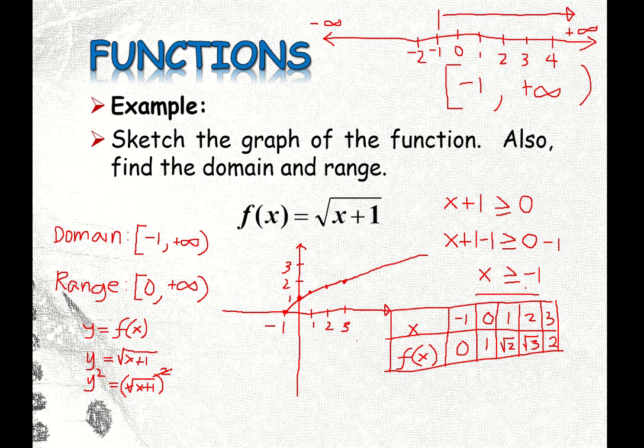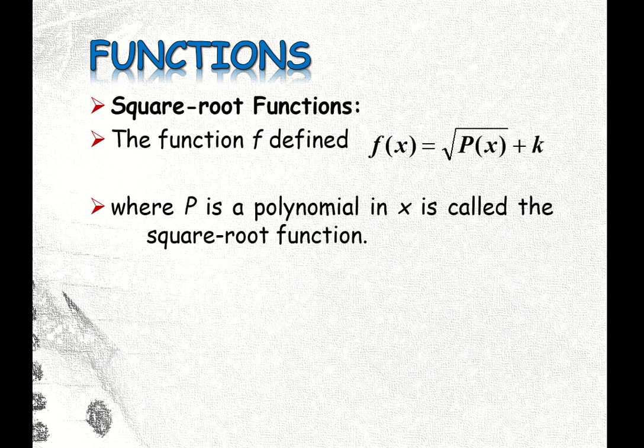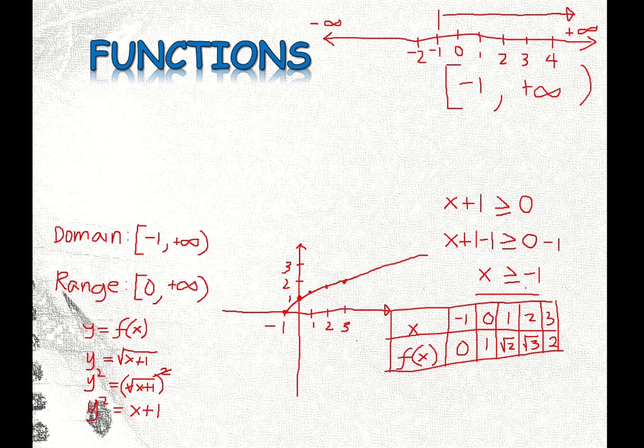So that cancels out. So we have y squared equal to x plus 1. Okay, so from here we can solve for x. To solve for x, you just subtract both sides by 1.